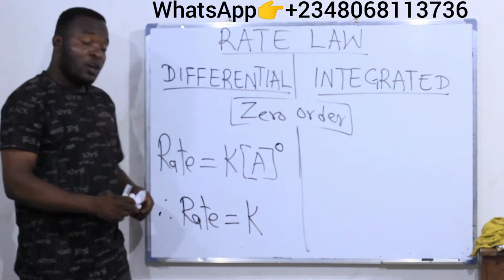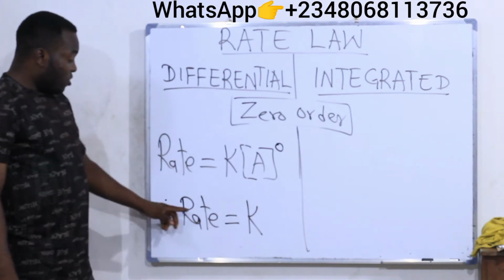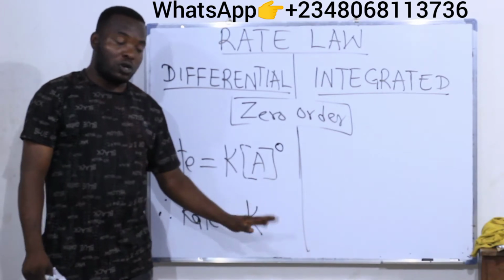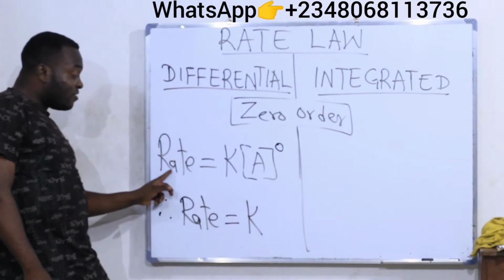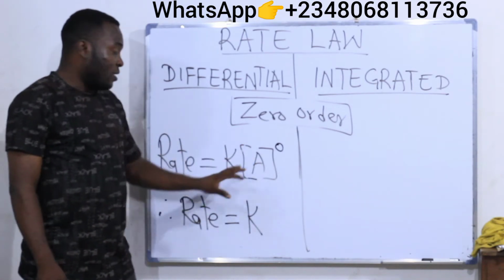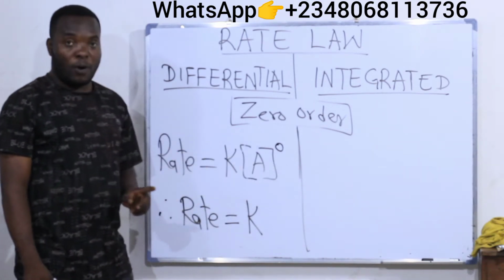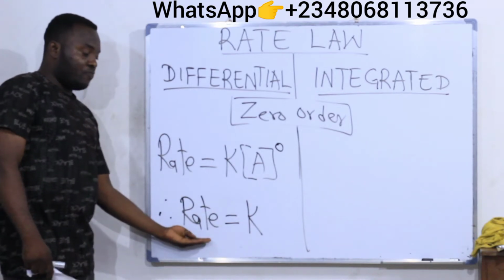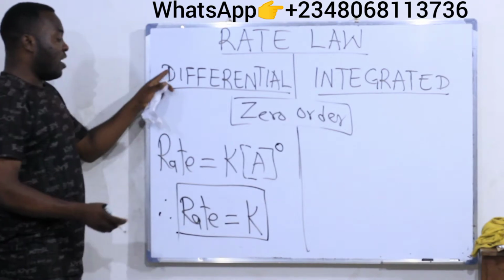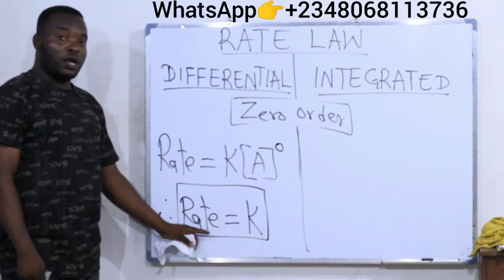As you can see, for a zero order reaction, rate is equal to the rate constant. Why? Because the rate of a zero order reaction does not depend on concentration. And that's why the concentration here has the power of 0. This is the differential equation for zero order.